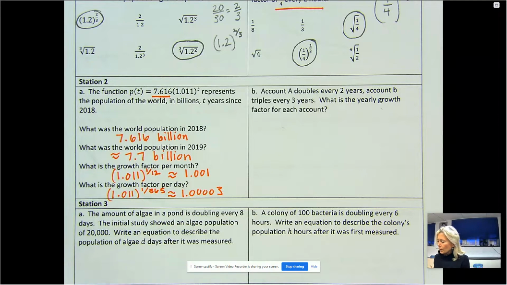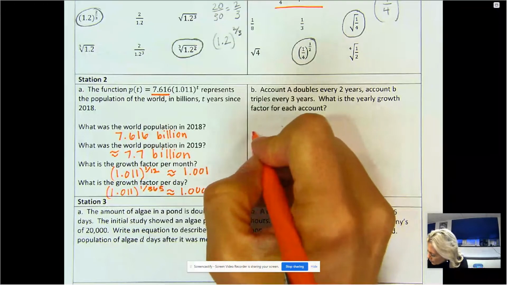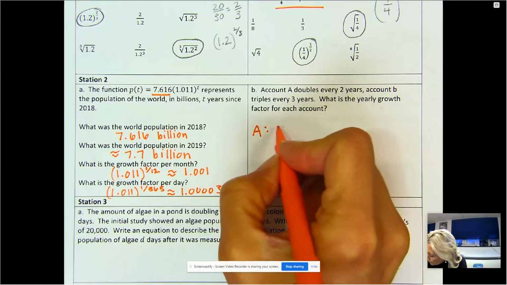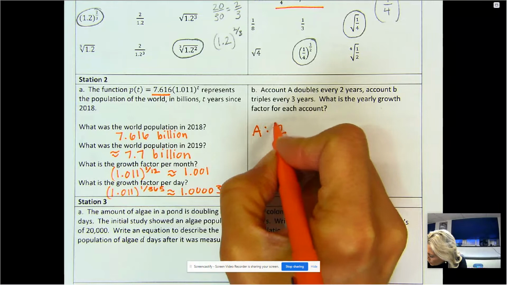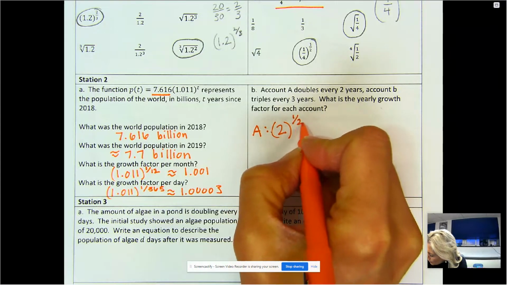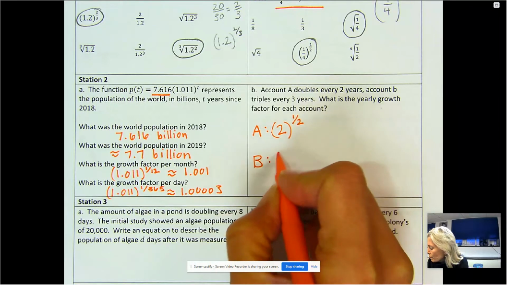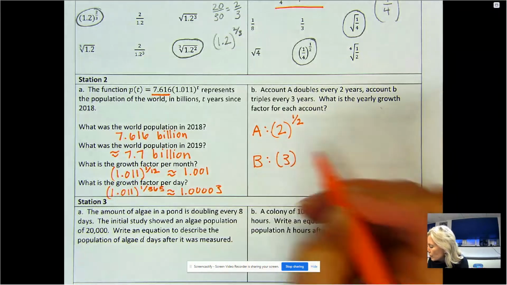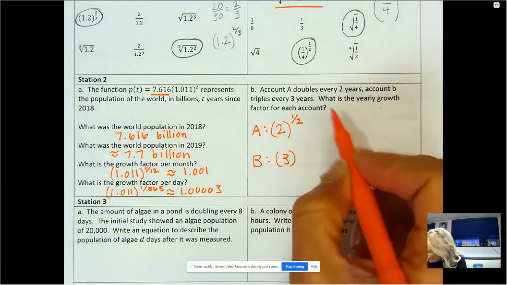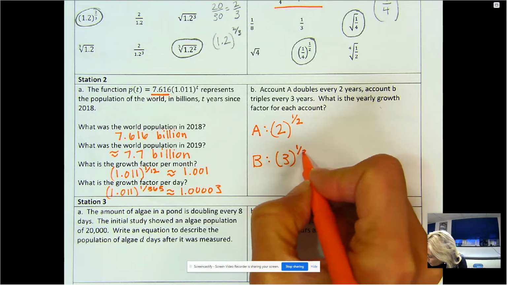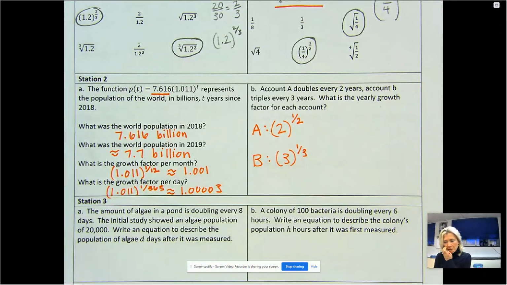So for account A, I would say doubles every 2 years. In 1 year, it would be 2 to the 1/2. And then account B, if it triples every 3 years, then in 1 year, 3 to the 1/3, 1 out of those 3 years.